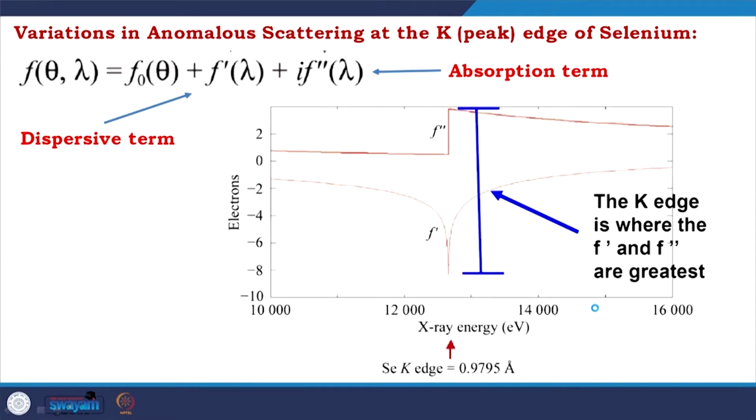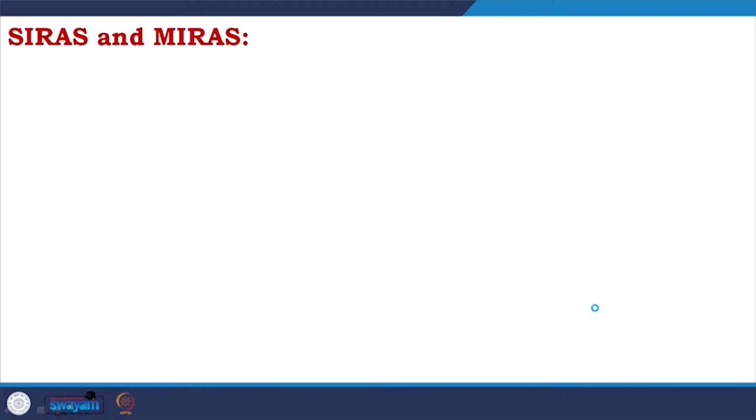So, if you see here, the K edge is where the F' and F'' are greatest. For selenium, the K edge is 0.9795 angstrom.